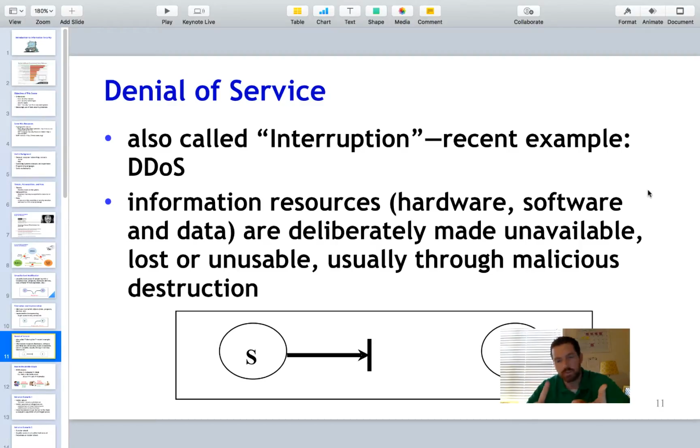So with information resources, bringing hardware down, software and data are deliberately made unavailable, lost, or unusable, usually through malicious destruction. Sometimes people can get really clever about how to cause a denial of service. If a website that provides a particular service sees a ton of traffic coming from one particular IP address, they'll shut it down.